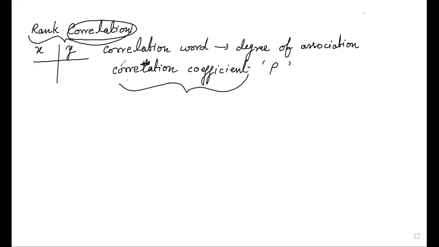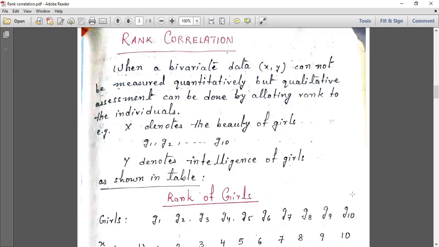Now we will take a particular example where we are going to find out the rank correlation between the two variables. So let us go to a note where we are going to do some practical examples, which will lead us to finding the rank correlation between the qualities.